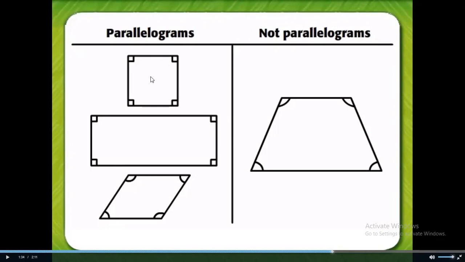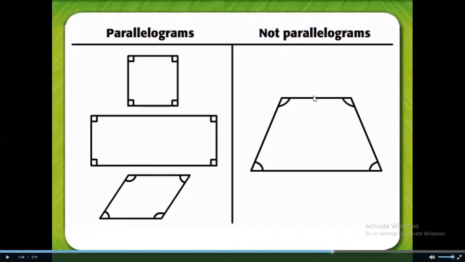So a square is a parallelogram with four equal sides and four right angles. A rectangle is a parallelogram with four right angles. A rhombus is a parallelogram with all sides equal in length. But a trapezoid is not a parallelogram because it has only one pair of parallel sides.